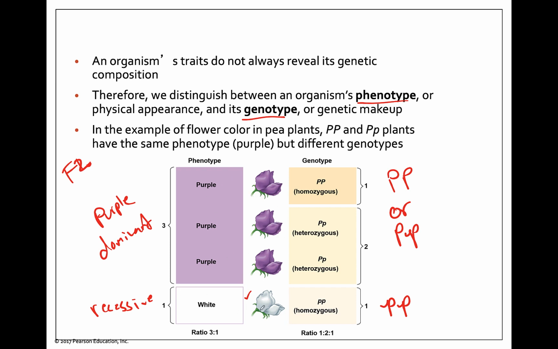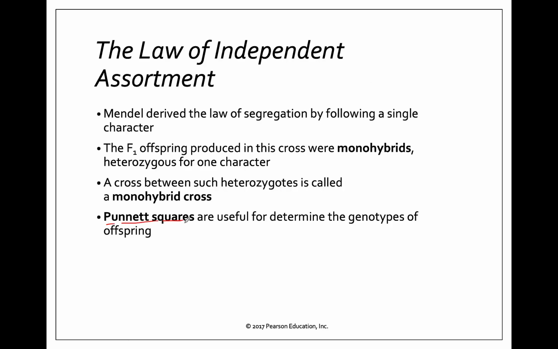When you have a recessive trait, you can figure out the genotype because there's only one possibility. However, when you look at a dominant phenotype, like purple, you have 2 different options for what its genotype could be. So we use a tool called a Punnett square for determining the ratio, or the genetic possibilities, of offspring in a cross. Let's look at Mendel's experiment and show you the Punnett squares for the different generations.